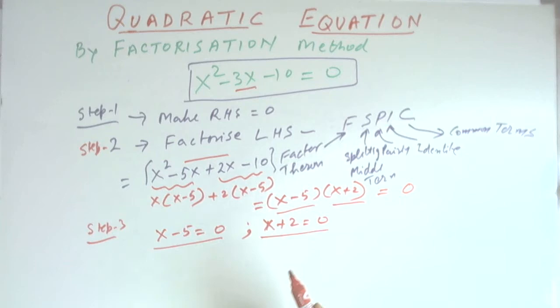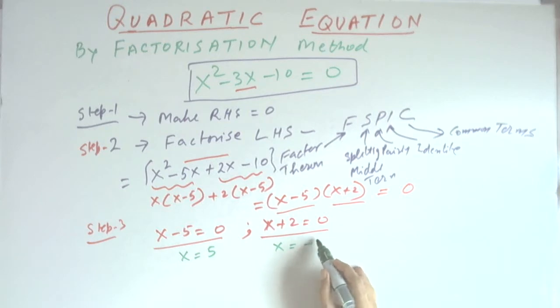Linear equations we know we can easily solve. So in this case we will get x is equal to 5, and in this case we will get x is equal to minus 2.